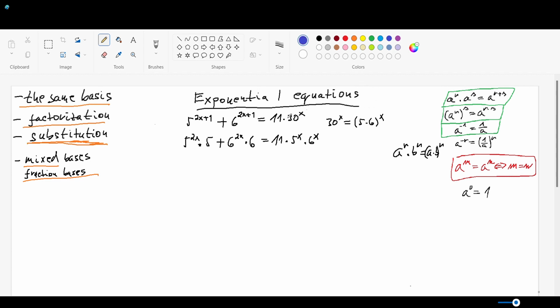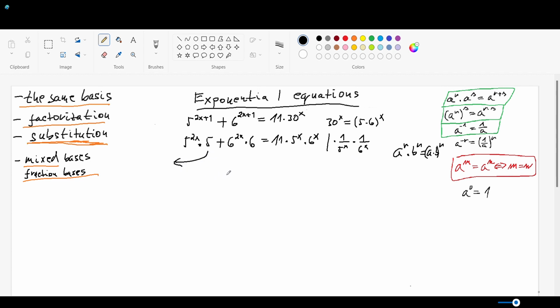Now you can see that we really have two bases, 5 and 6, in all the exponentials. What we can do now is simply divide both sides of the equation by this factor, which means we multiply both sides by 1 over 5 to the power of x times 1 over 6 to the power of x. I wrote it this way so that you can see more easily how and why it is done.